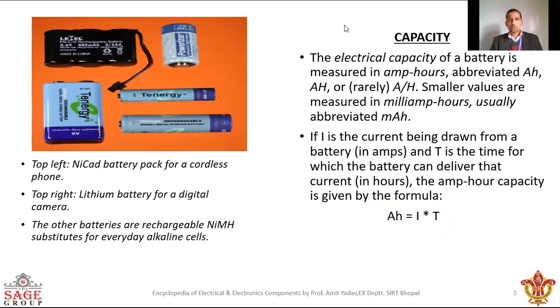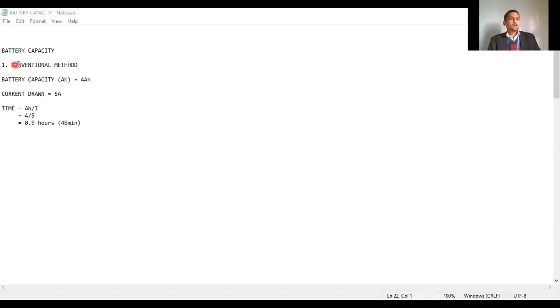Now, let's go through a simple calculation. By using this conventional method, let's take an example of a lead acid battery, and suppose the battery capacity of that lead acid battery is 4Ah, and the current we draw from that battery is 5 ampere.